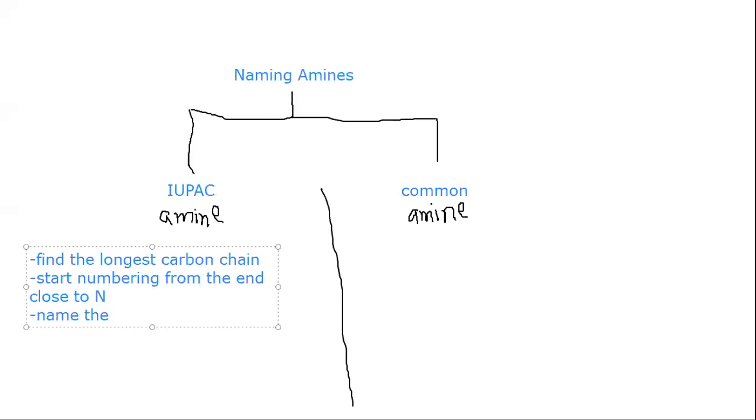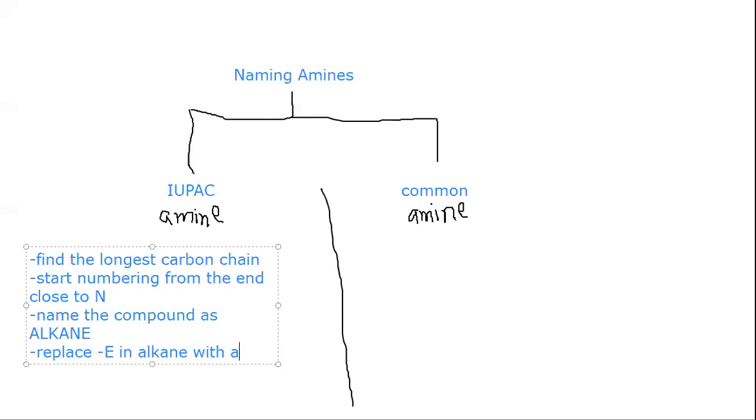Name the compound as an alkane. Now replace that E in alkane with amine. That's it. Those are the rules for the IUPAC naming of amines.